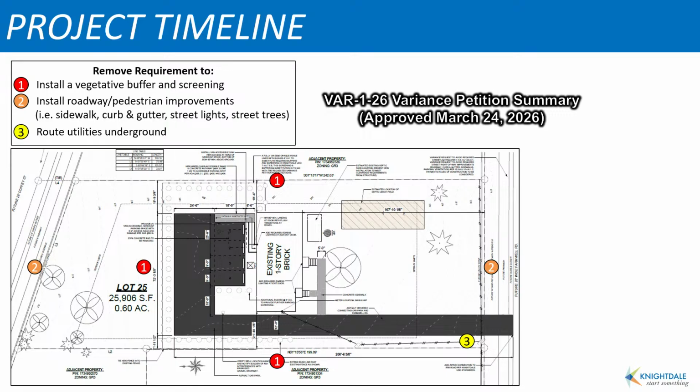It also removed a requirement to install roadway and pedestrian improvements along both Farmwell Road and Coffee Street to the rear. They also got relief from the requirement to route utilities underground as part of construction. So all that to say, there have been several variances granted that remove your typical requirements for commercial developments to allow for this adaptive reuse project.